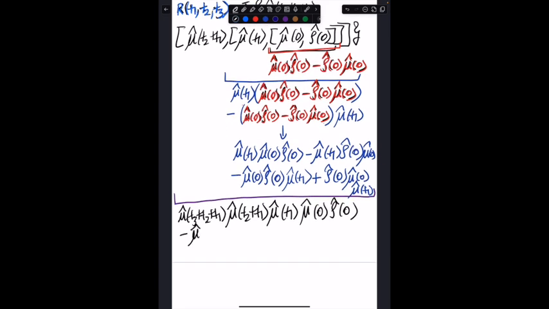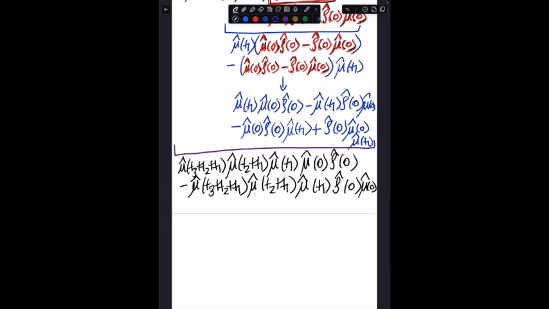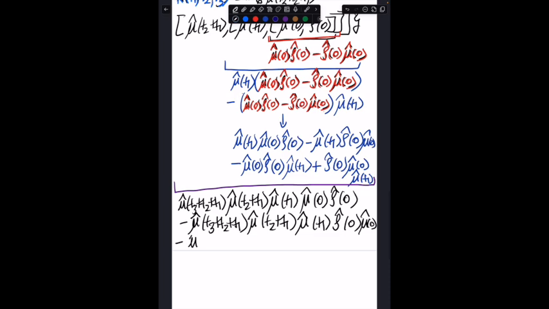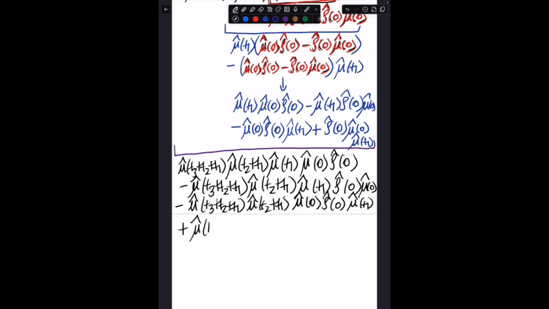Then you get mu t3 plus t2 plus t1 times mu t2 plus t1, mu t1, rho 0, mu 0, and then after that you will get mu t3 plus t2 plus t1, mu t2 plus t1, mu 0, rho 0, mu t1, and then you get another positive term, mu t3 plus t2 plus t1, mu t2 plus t1, rho 0, mu 0, and then mu t1.